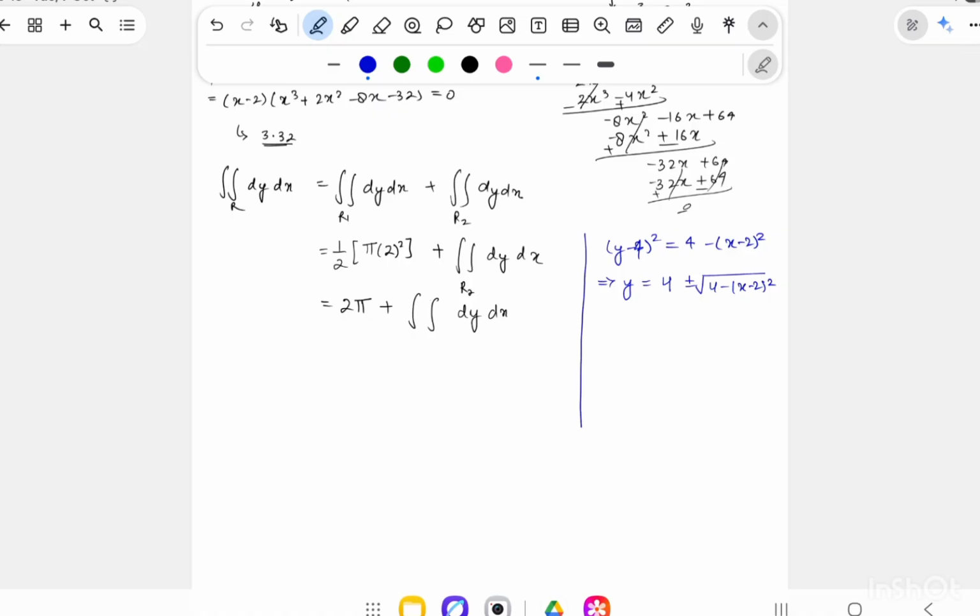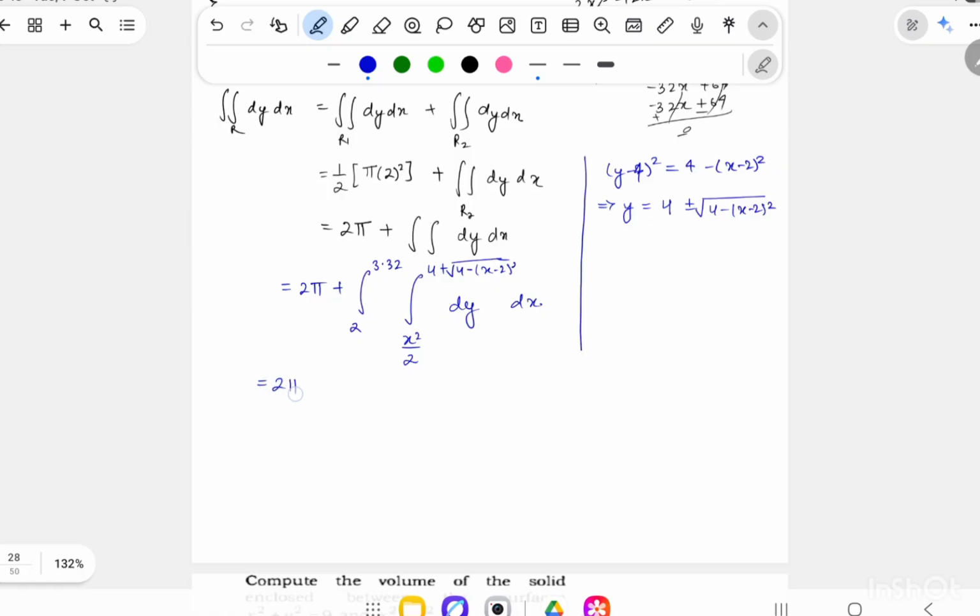So from here it will be equal to 2 pi plus x varying from 2 to 3.32 and y varying from x square by 2 to 4 plus under root 4 minus (x minus 2) square, dy dx. Now if I solve it, it will be equal to 2 pi plus, from 2 to 3.32, 4 plus under root 4 minus (x minus 2) square minus x square by 2, dx.